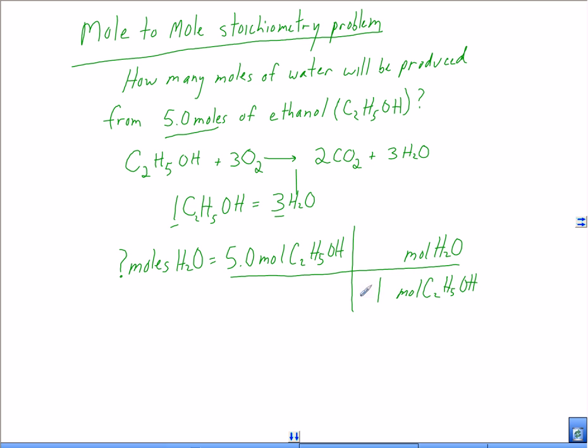So next to ethanol, I'm going to put a 1, because of my 1 right there. Next to H2O, I'm going to put a 3, because of the 3 right there. My units, moles of ethanol, cancel out. I'm left with moles of H2O. And when I go back and I look at what I was given, moles of H2O, that matches. Moles of H2O here, moles of H2O here.